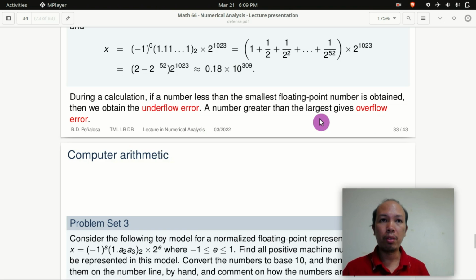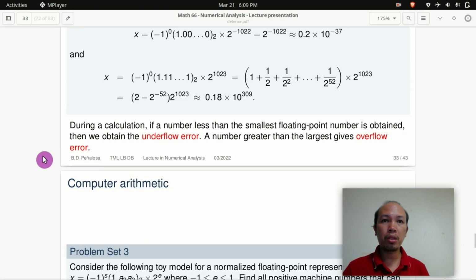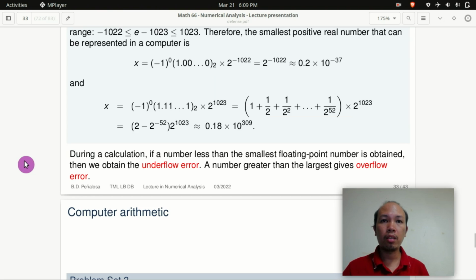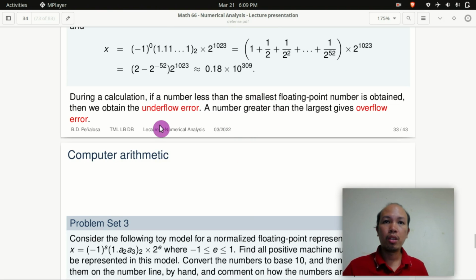Let's see if a certain computer has a problem in representing a non-zero real number which is smaller than 0.2 times 10 to the negative 37, and 0.18, which is larger than this one, 0.18 times 10 to the 309. Let's try to illustrate this kind of error later.